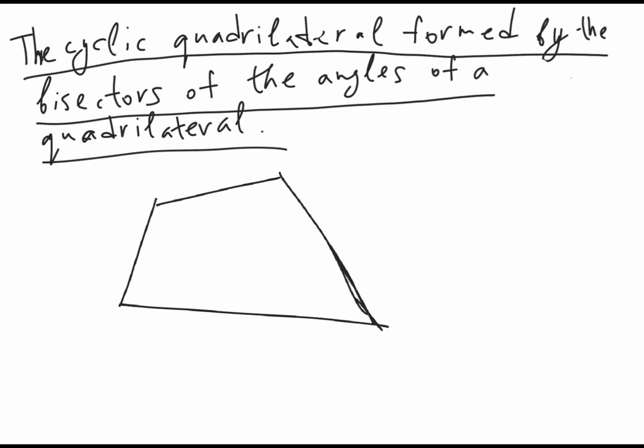We denote this angle by, let's say, alpha and alpha. So these are two equal angles. The bisector of this angle is denoted by beta.